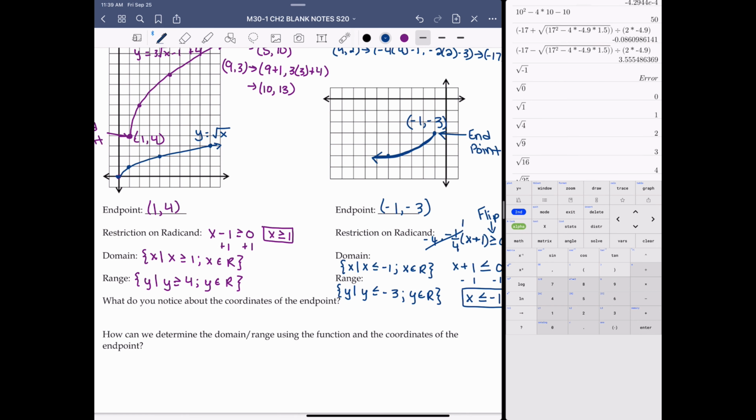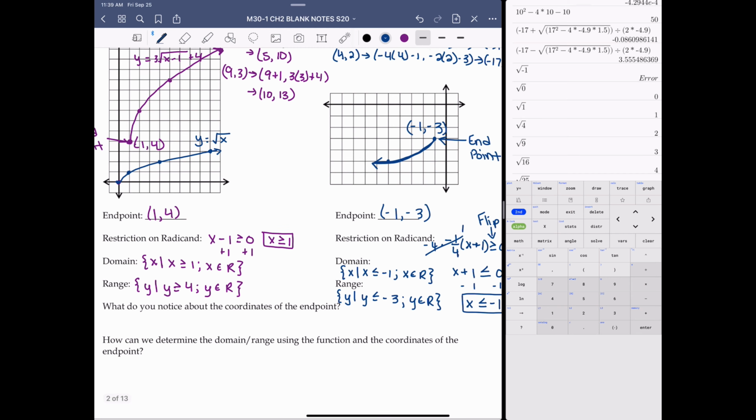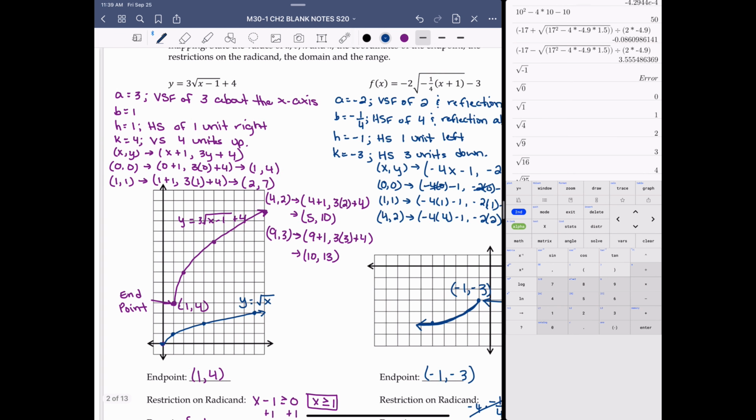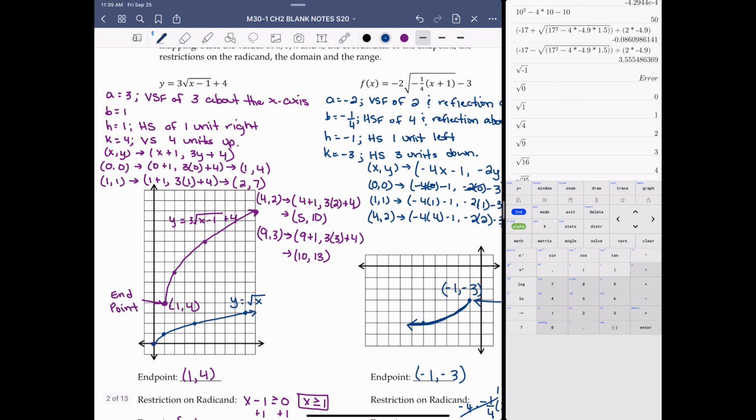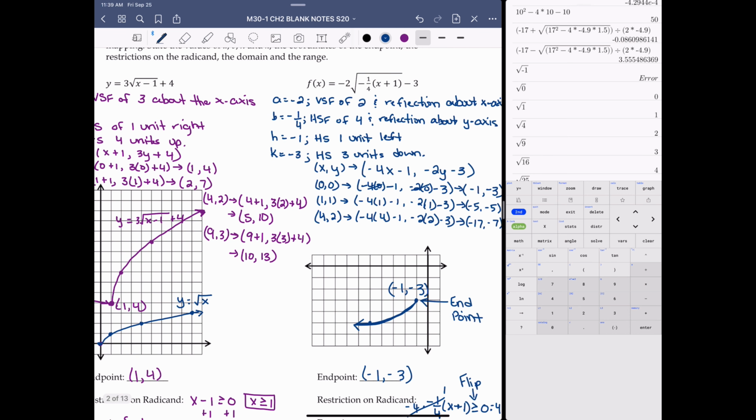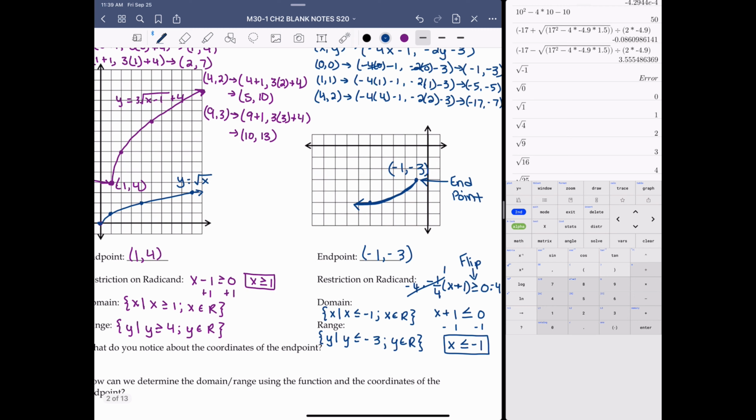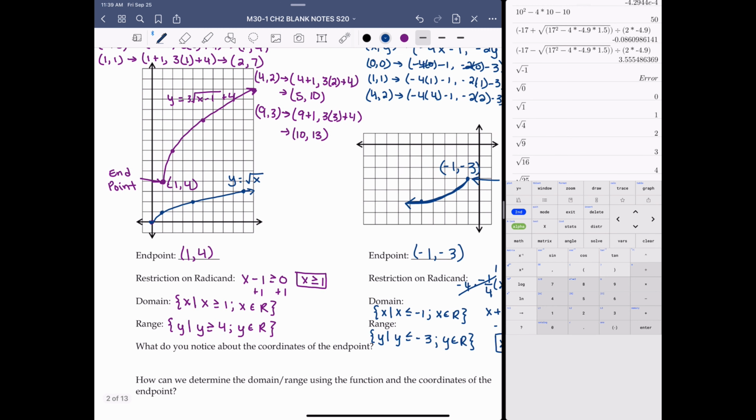What do you notice about the coordinates of the endpoint? If we look at our two different functions, our endpoint was 1, 4 in the first one, and our h and k values were 1 and 4. And then in the second one, our h and k values were -1, -3, and our endpoint is -1, -3.